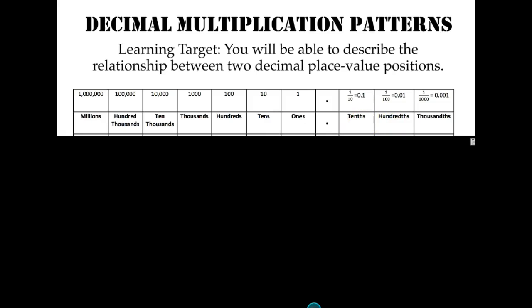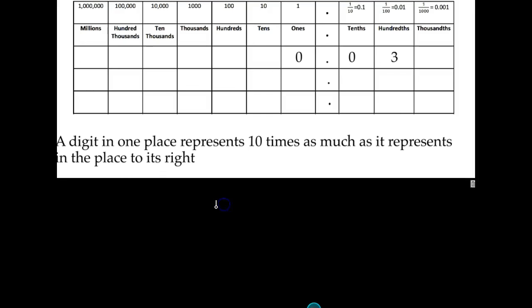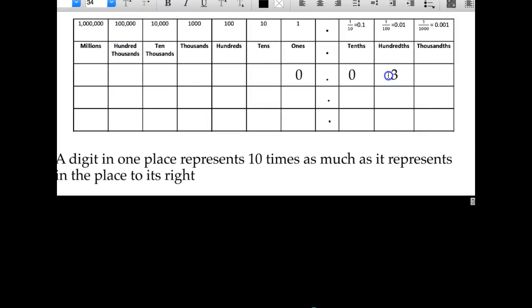All right, let's look at some examples of this, and I have some notes for you to add to your math journal. First of all, I want you to write down in your math journal: a digit in one place represents 10 times as much as it represents in the place to its right. So if we're looking here at this digit, this is 3 hundredths because it's in the hundredths place and there's a 3.